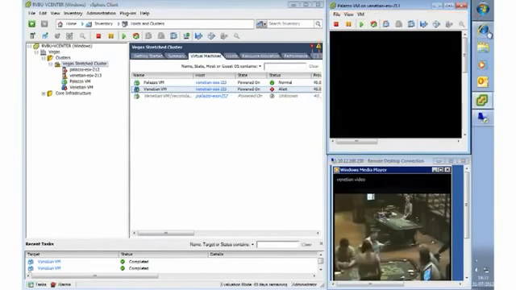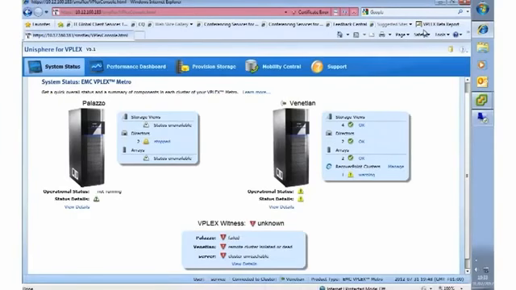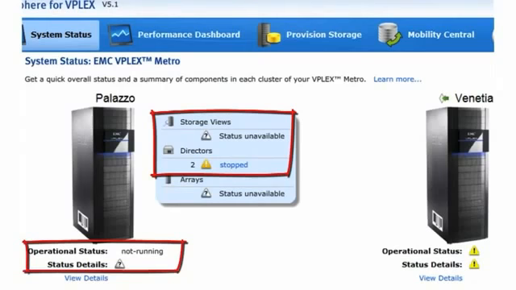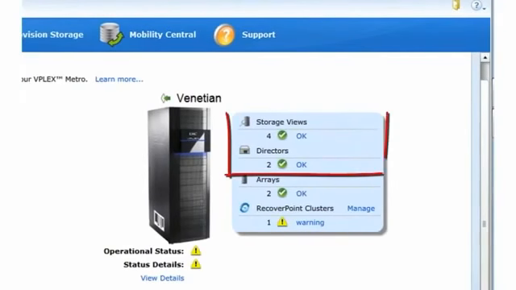So now, if we go back and have a look at the Vplex GUI, we can see exactly what's failed. And on the left here, you'll see that that Vplex cluster has now been taken offline, and that's exactly what we did. We failed that Vplex cluster, okay? But because of the witness and the remote cluster being active, you'll see on the right-hand side here that's available and online.